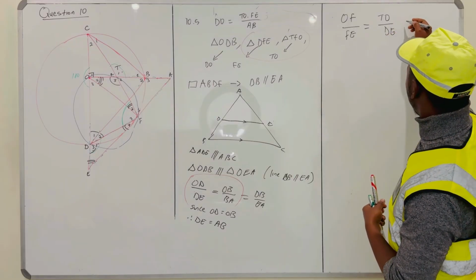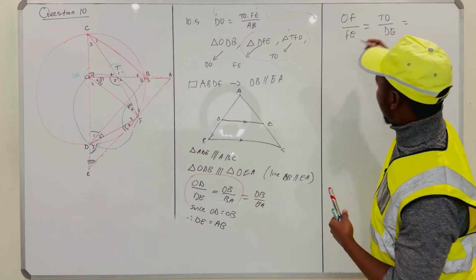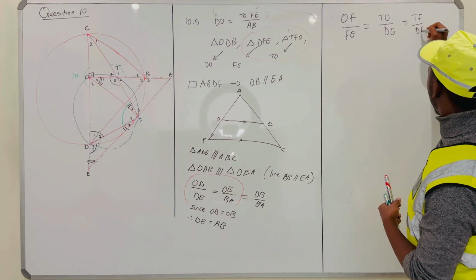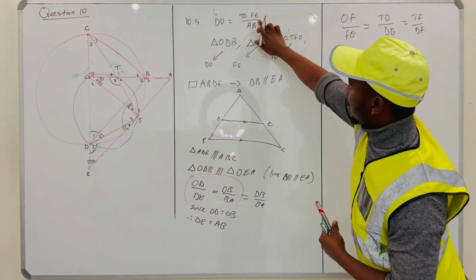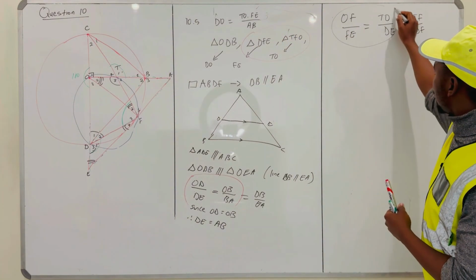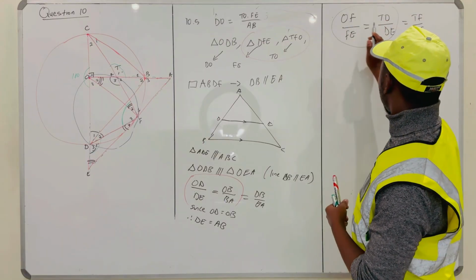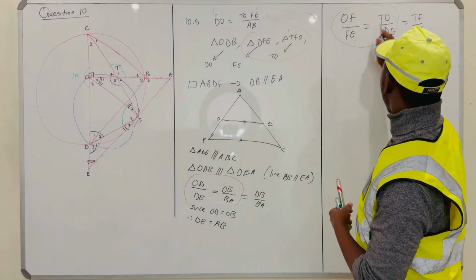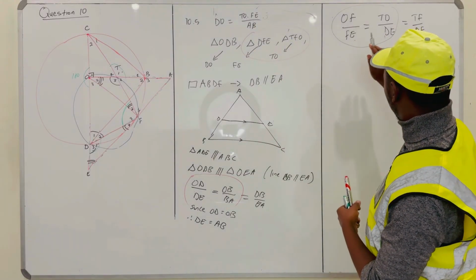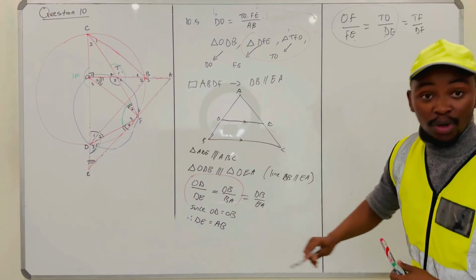We can go for the other side, which is the remaining one, TF over DF. But these sides here don't say anything on this equation we're trying to prove. So we can focus on this side because FE is there, TO is there, and DE, okay, DE is not there, but we have linked DE to AB.